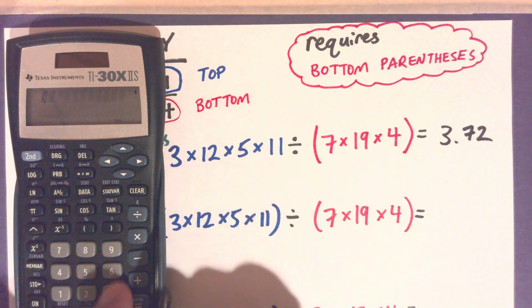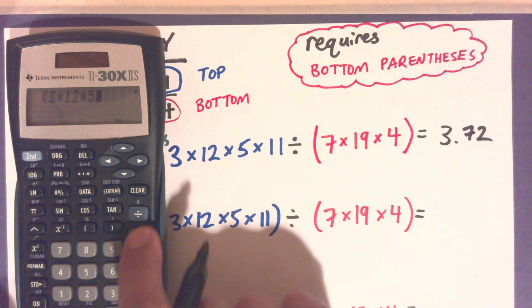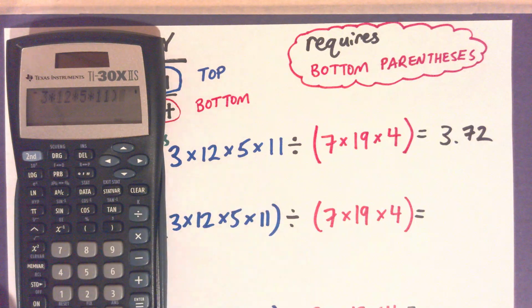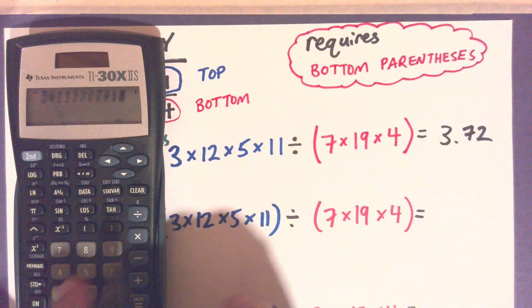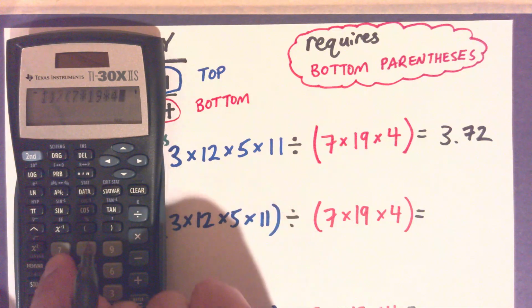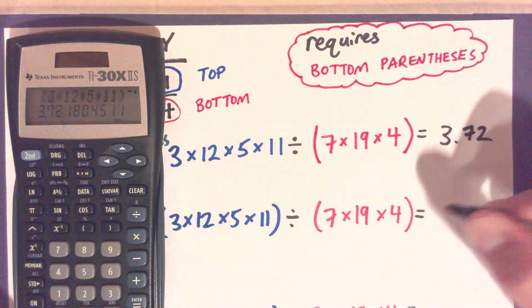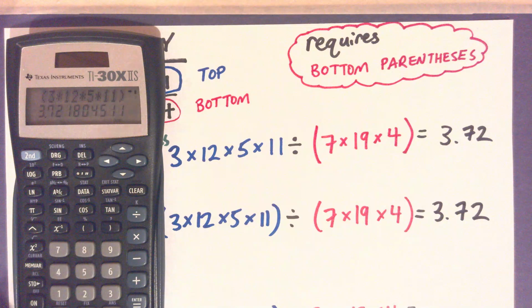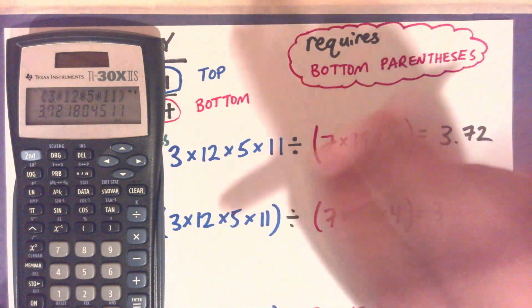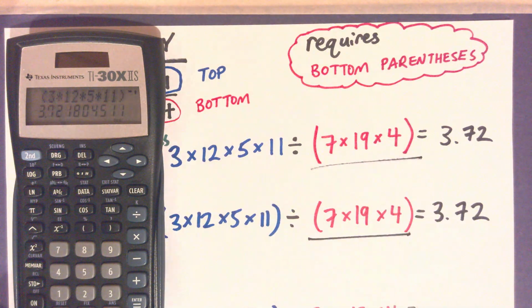Now you get the same answer, 3 times 12 times 5 times 11, close parentheses, divide, open parentheses, 7 times 19 times 4, close that, hit equals, same thing. All right, so both methods work. Please see that we're using parentheses for the bottom numbers.